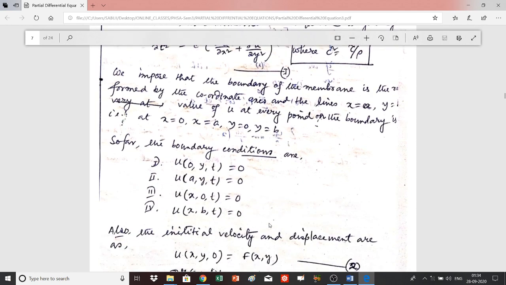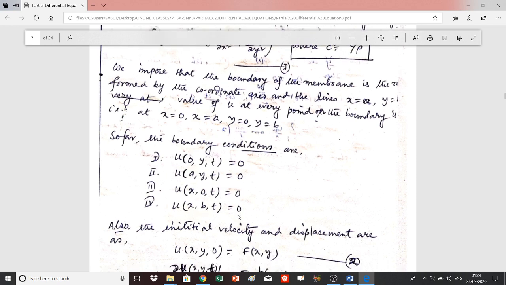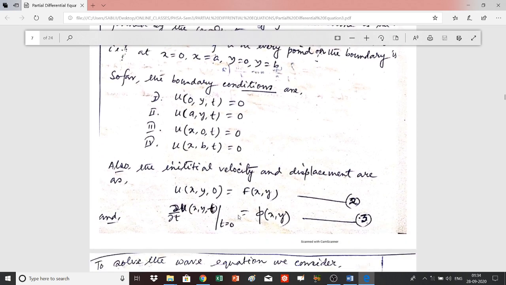So the boundary conditions are u(0,y,t) equal to 0, u(a,y,t) equal to 0, u(x,0,t) equal to 0, and u(x,b,t) equal to 0. Also, the initial displacement and velocity are given as equations 2 and 3.